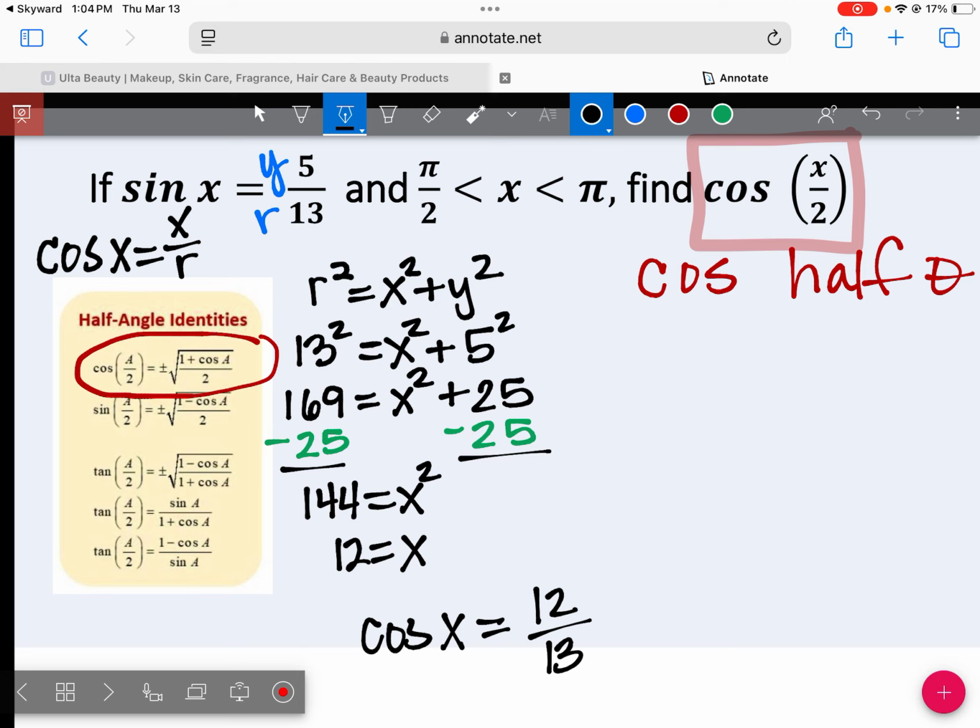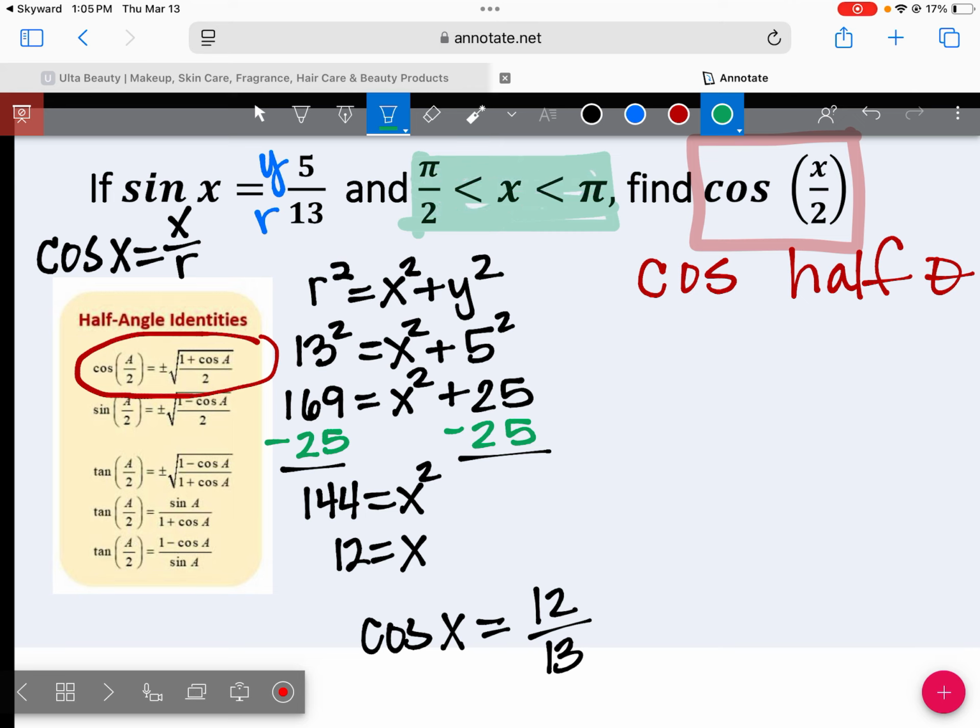Any questions so far? Now, if they gave us cosine out of the gate, we would not have to do all of this. They didn't. They gave us sine. They also told us something else really important. This is telling us what quadrant we're in.